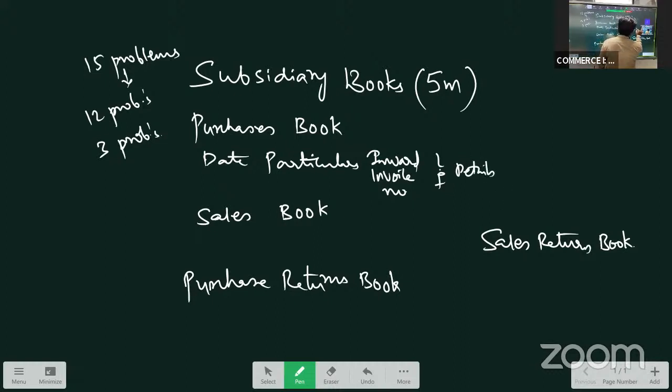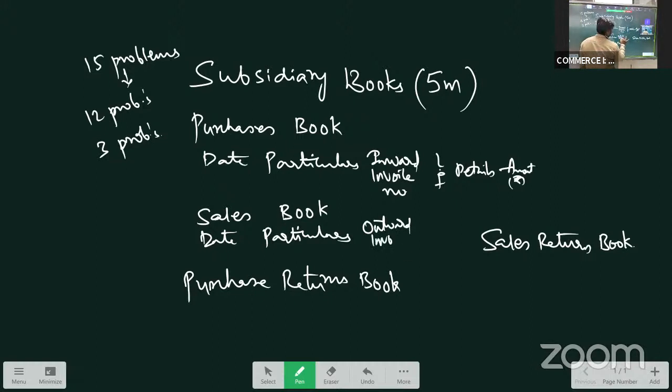Here we'll be showing the calculations, and then we had amount in rupees. The format for sales book was date, particulars. Instead of inward invoice, here we have written outward invoice number followed by LF. Then we have details, then again we have amount.